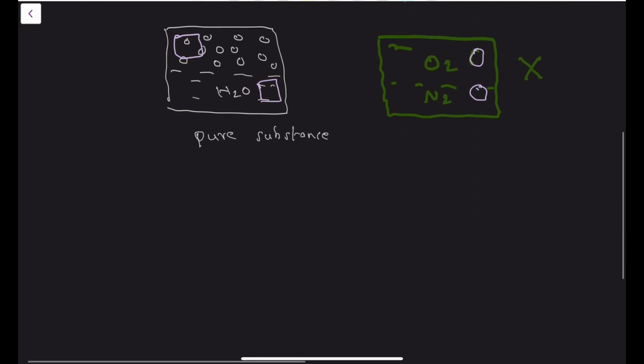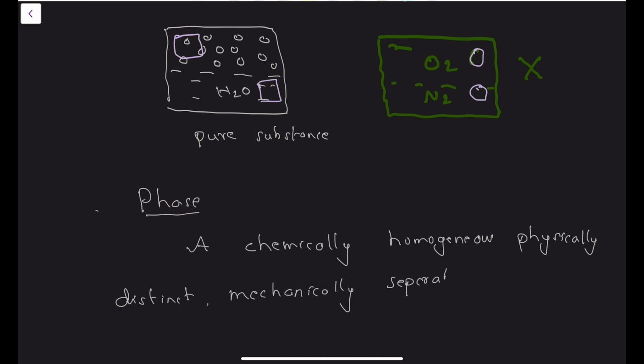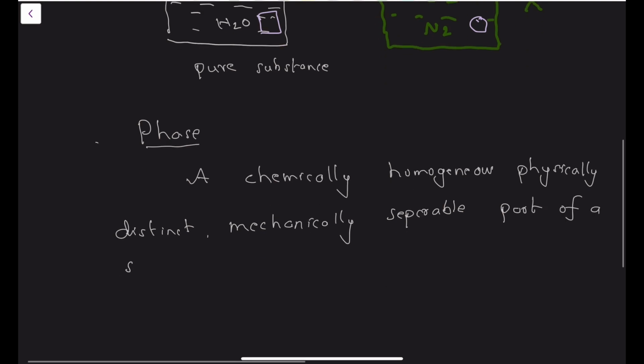A phase is defined as a chemically homogeneous, physically distinct, mechanically separable part of a system. So that is the definition of phase.